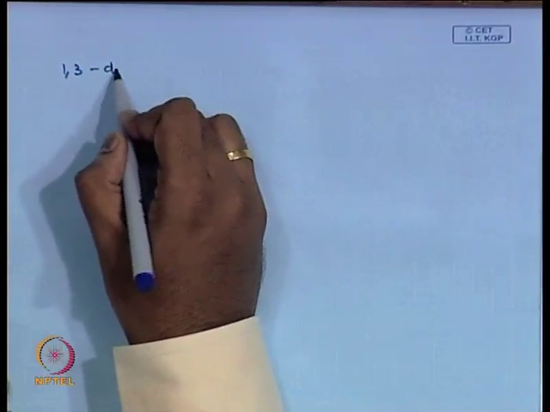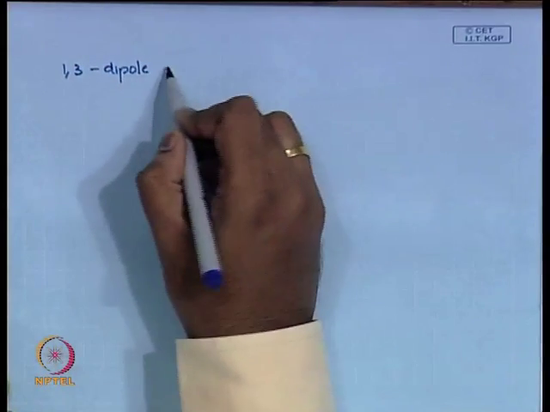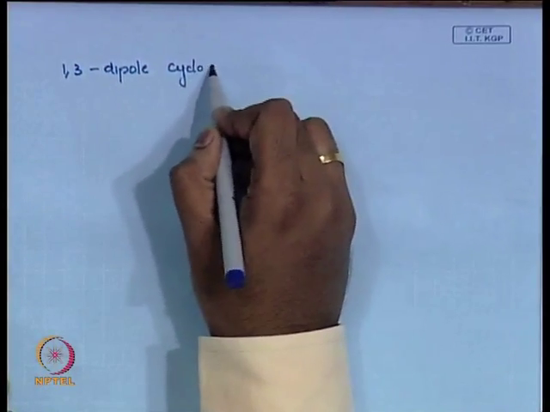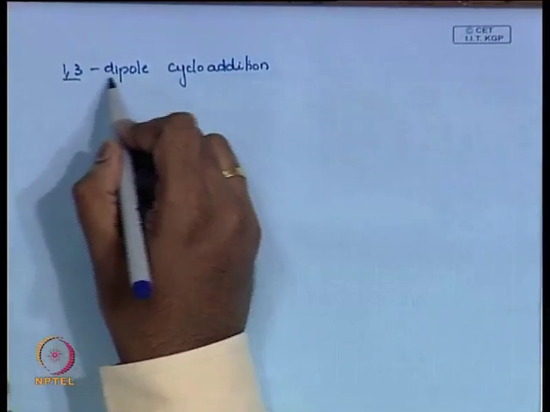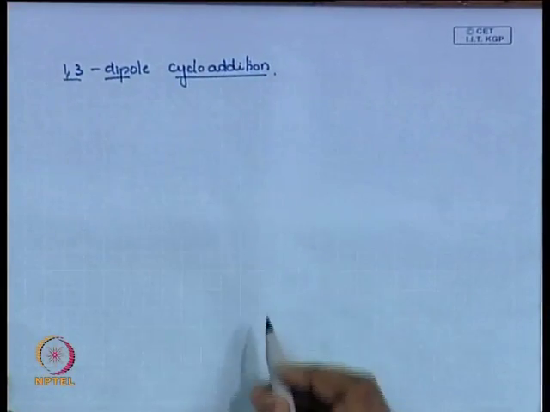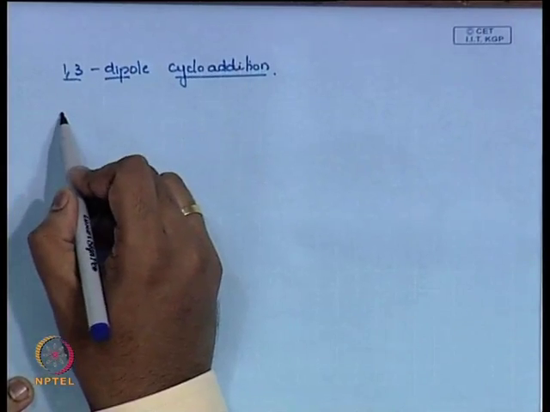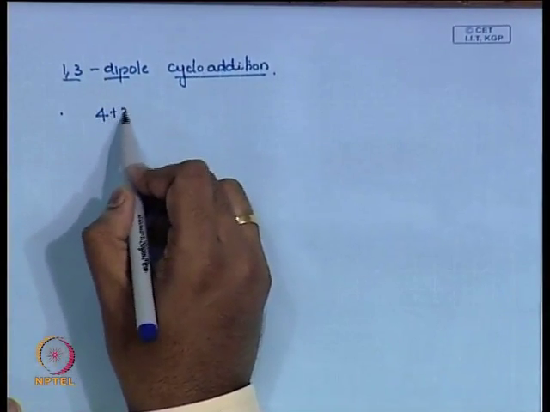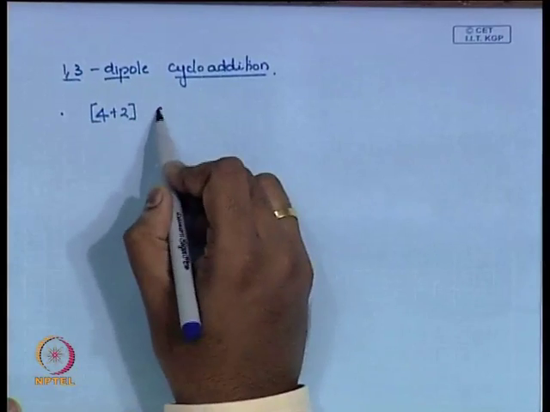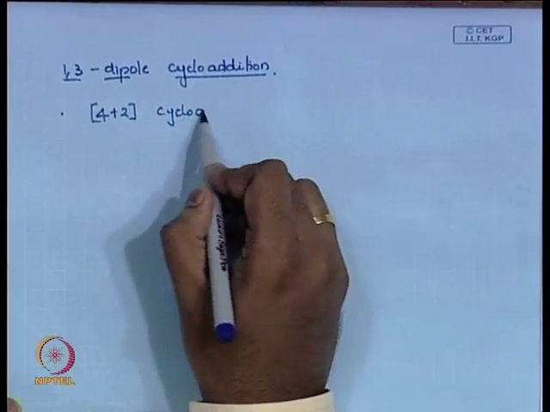Okay. So, to summarize your 1,3 dipolar cycloaddition. First thing, you can say that this is a proper 4+2 cycloaddition reaction.